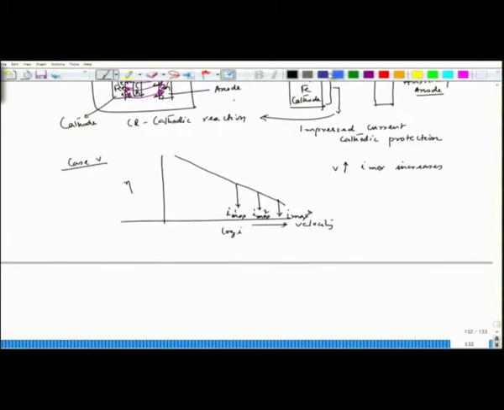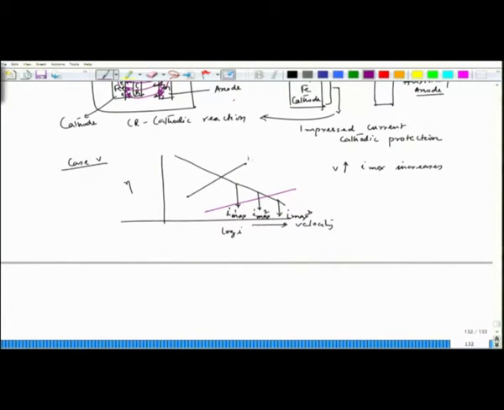Now, if we have two metals, in one metal the polarization behavior is like this, in another the polarization behavior is like this. So, that means in the two cases I would have different corrosion rate variation with velocity.